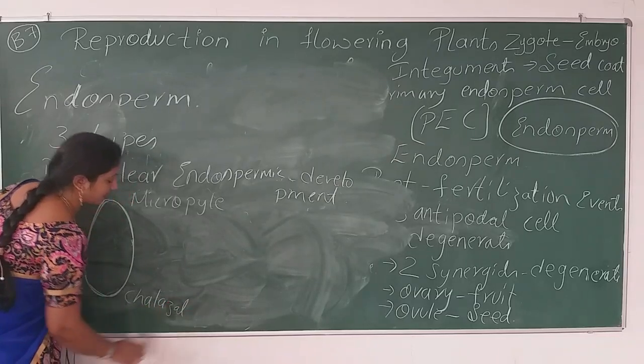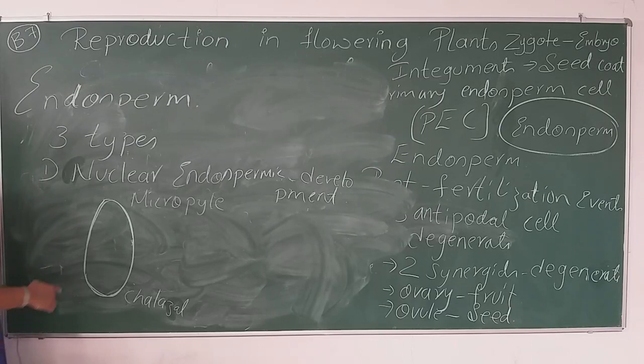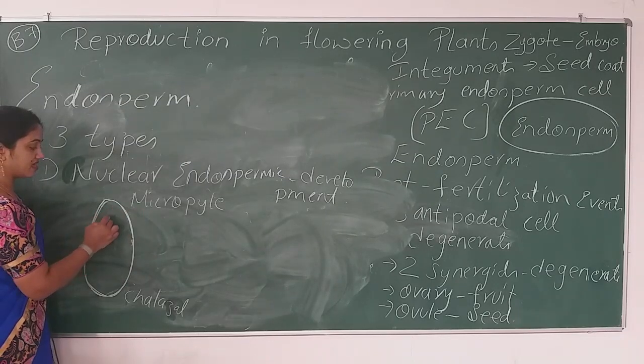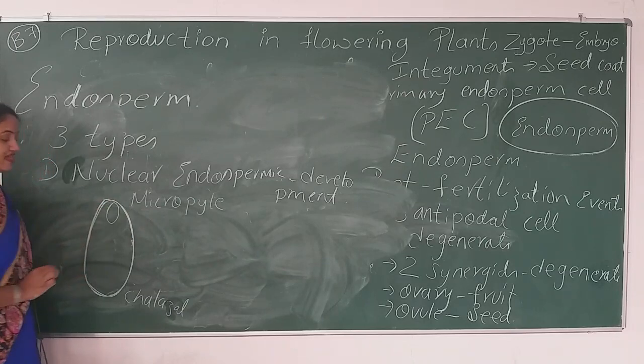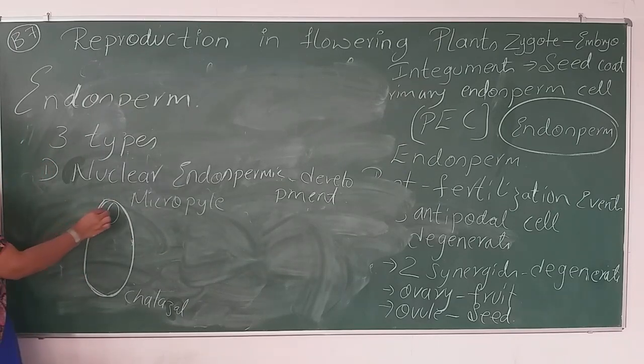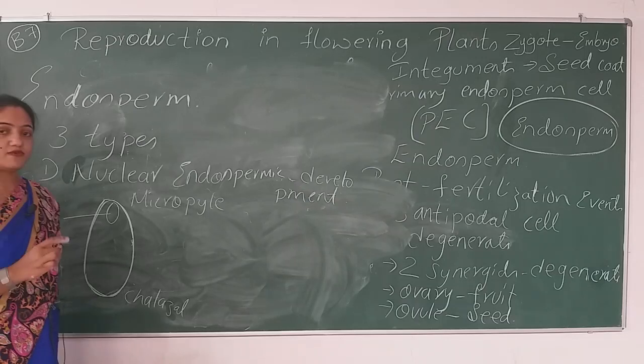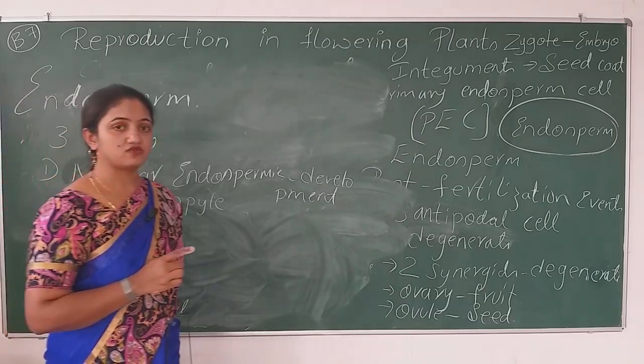If we draw this type of diagram, it means towards the micropylar region the zygote comes. Why did it come here? Towards the micropylar region, synergids and the egg apparatus were there. Out of the egg apparatus, one egg cell was there. The male gamete comes and fuses with the egg cell.